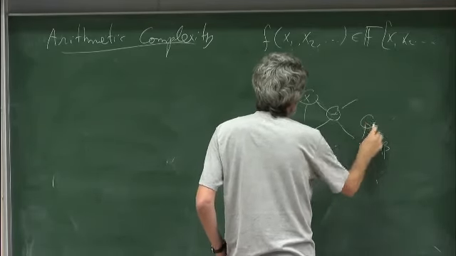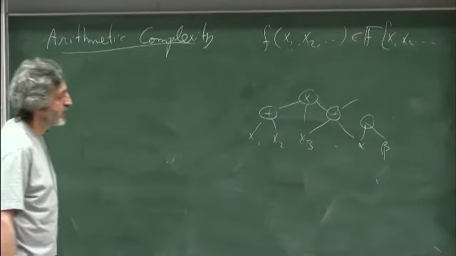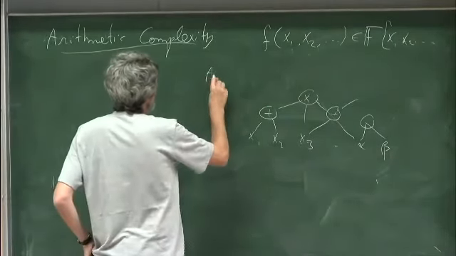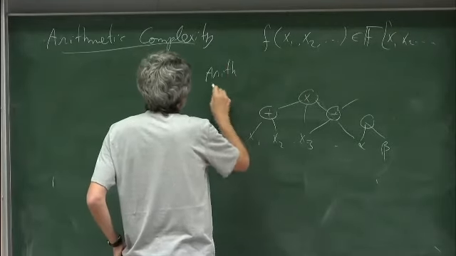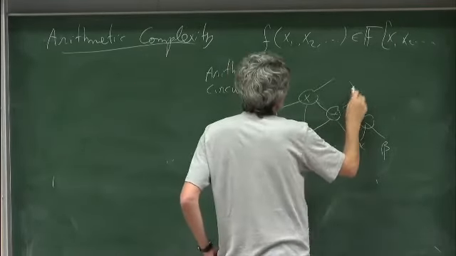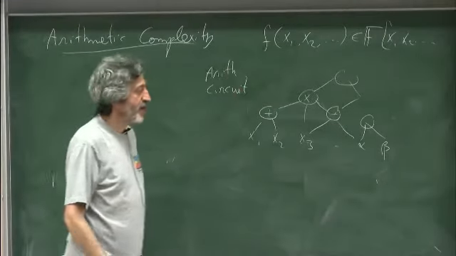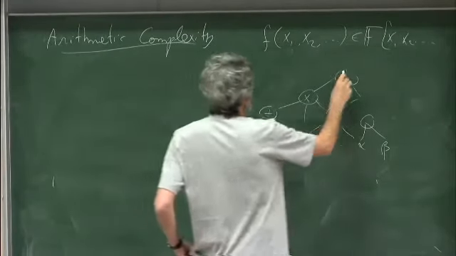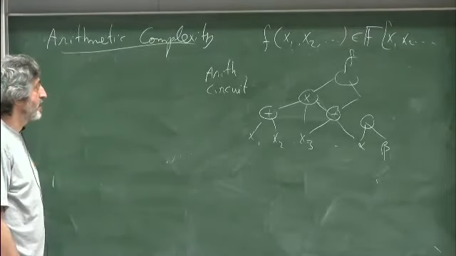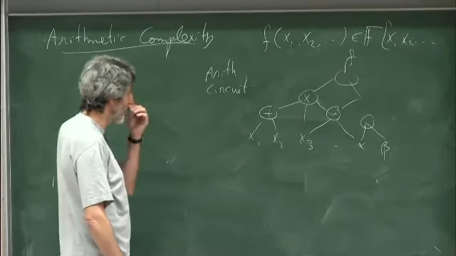So this is a model of computation, called a circuit, an arithmetic circuit. When you compute with it, you do the obvious operations, and eventually there is some function computed, and you would like it to be the polynomial you are interested in.